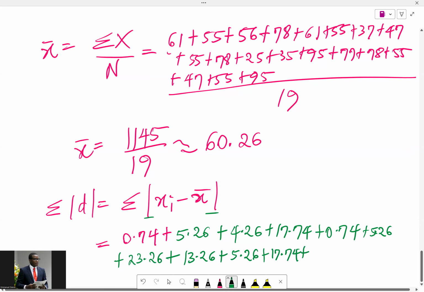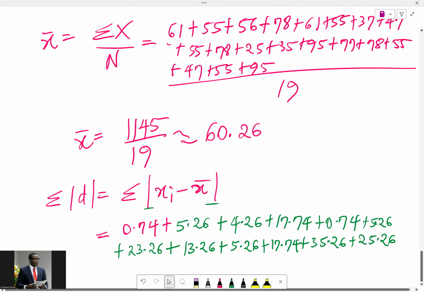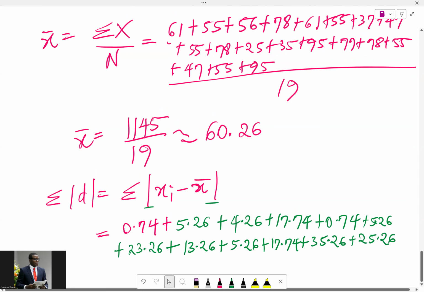Then we have 25, which is 35.26. 35 is 25.26. Then we have 95, that's 34.74.